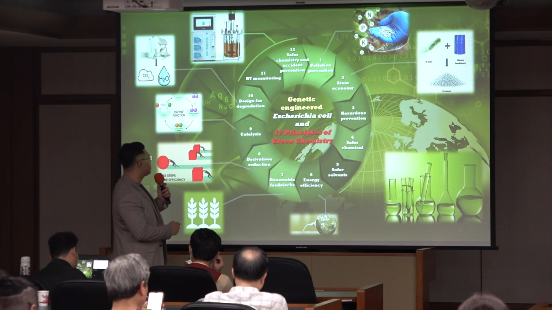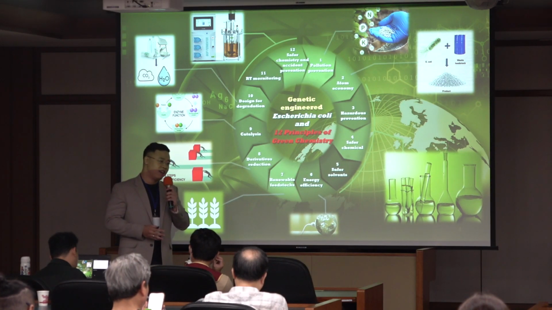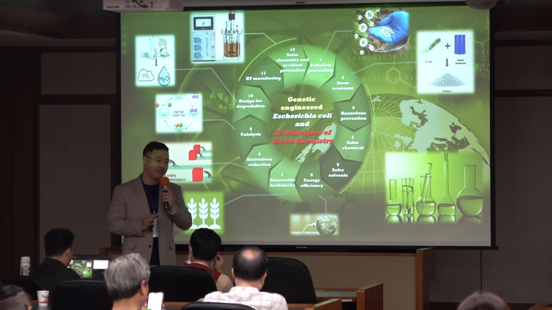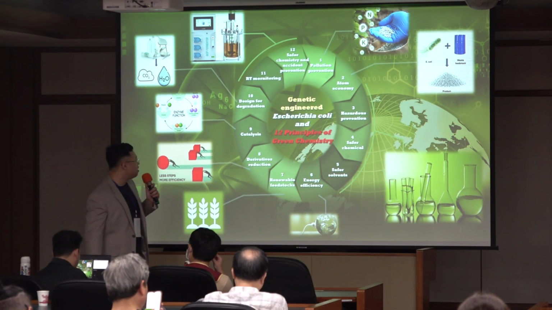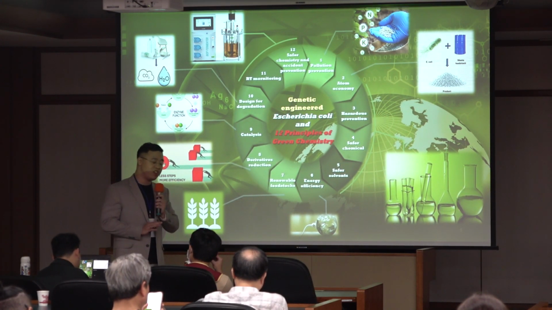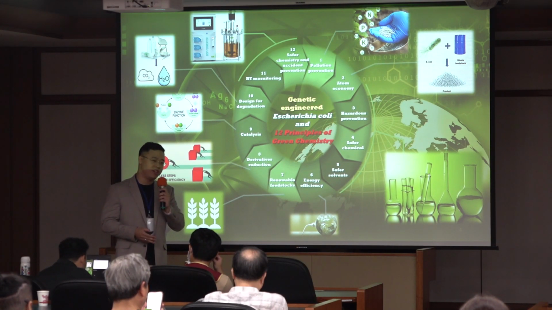And of course, because from the beginning when you culture E. coli, the possibility of any hazardous incident is already very low. Okay, so that is the relationship between E. coli and the 12 principles of green chemistry I just briefly introduced to you.